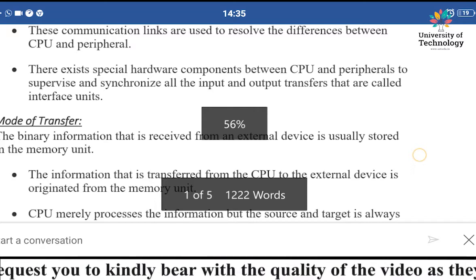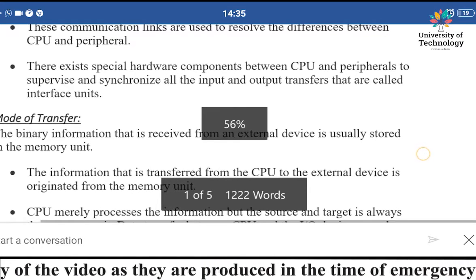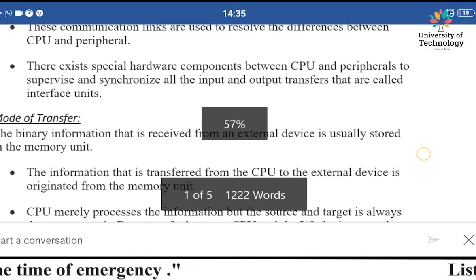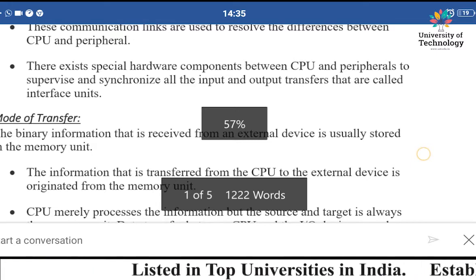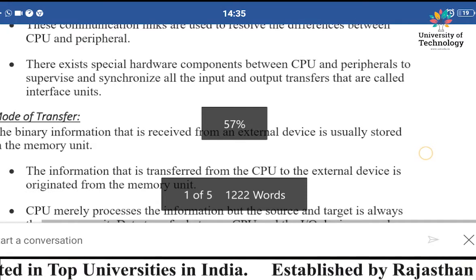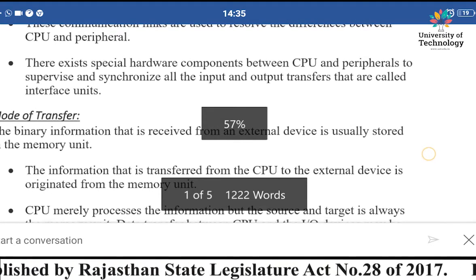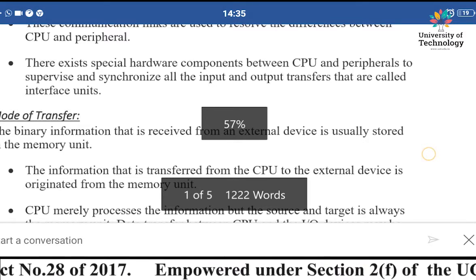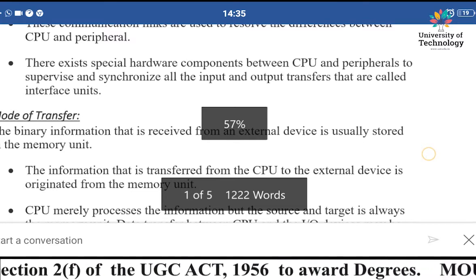Now here the definition of the interface unit is being mentioned. What is the interface unit? It is a special kind of hardware component that is located in between the CPU and peripheral devices, and its working is to supervise and synchronize whatever data is being transferred inside and whatever data is delivered outside.